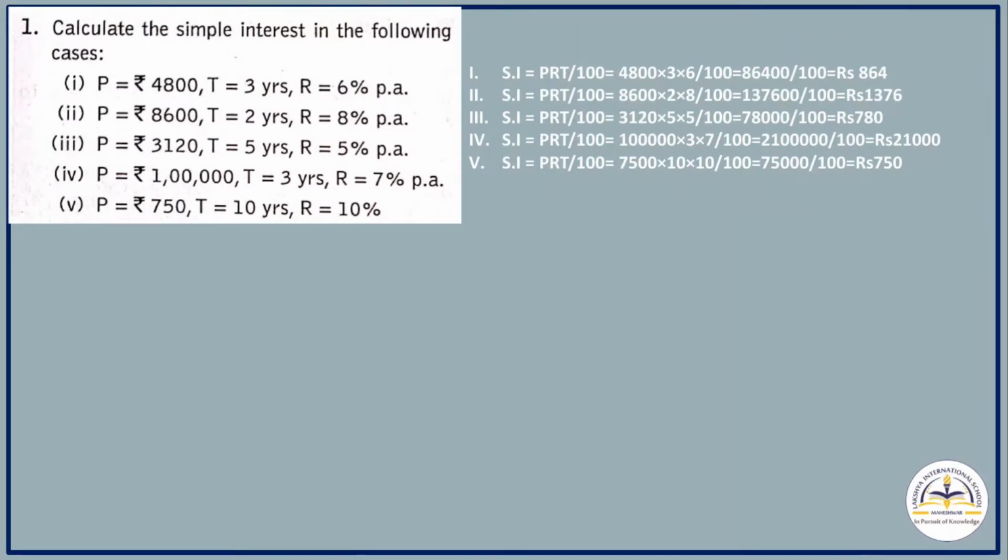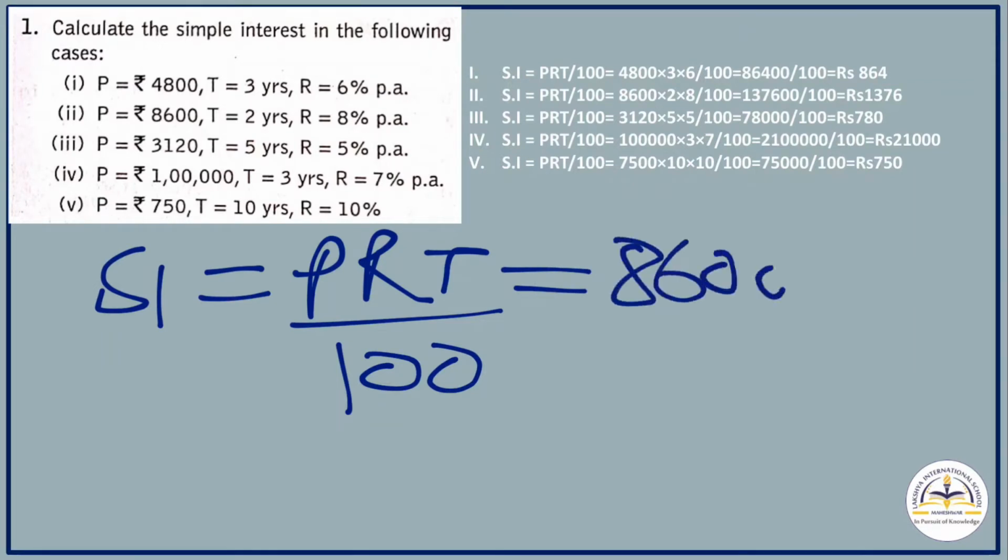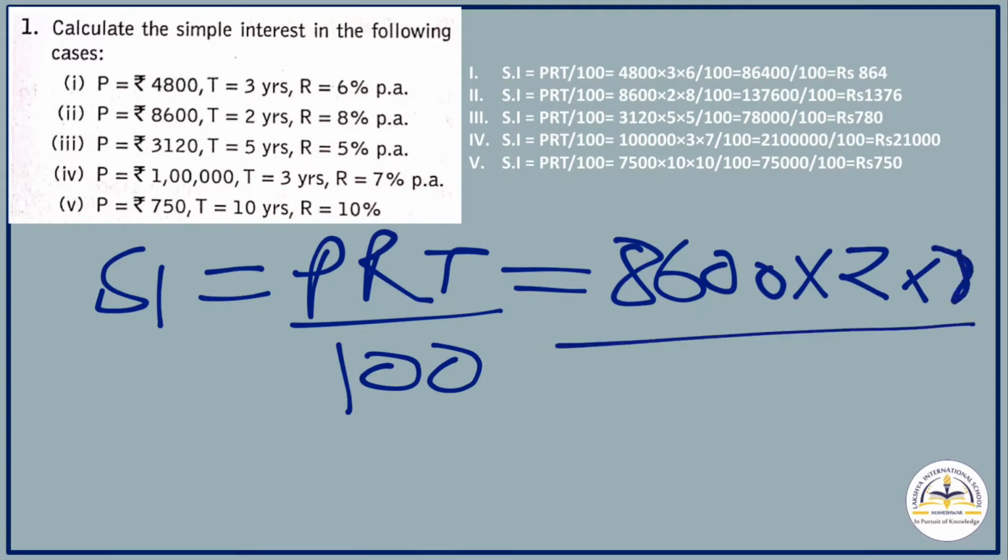Now we will solve question number 2 in the same manner. P equals 8600. We know SI = P × R × T / 100. Here principal is 8600 into 2 into 8.